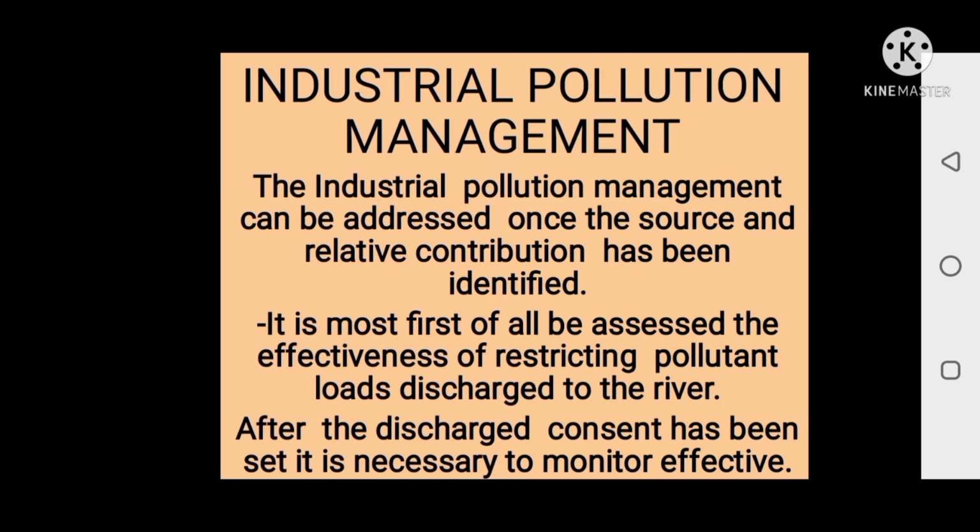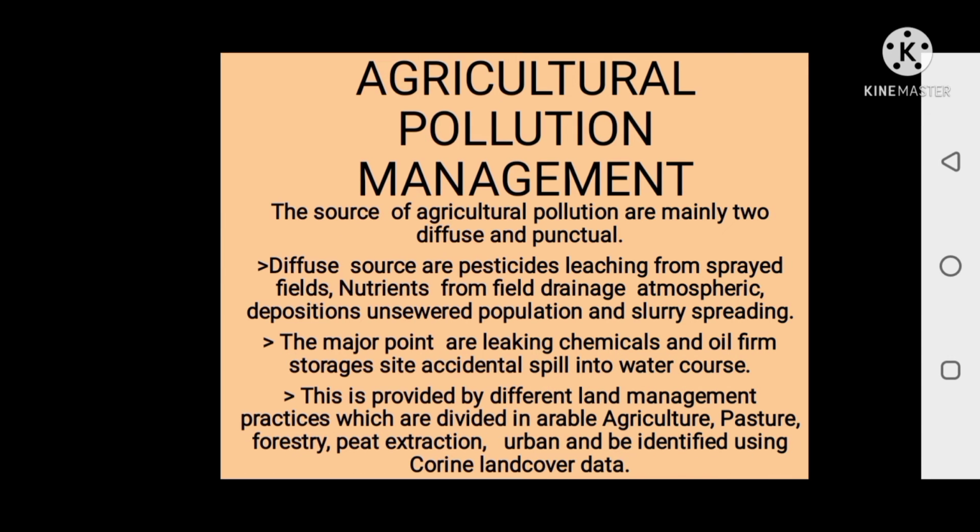Once different options have been identified, these can be discussed with industry to establish which is the most cost effective. After the discharge consent has been set, it is necessary to monitor its effectiveness.